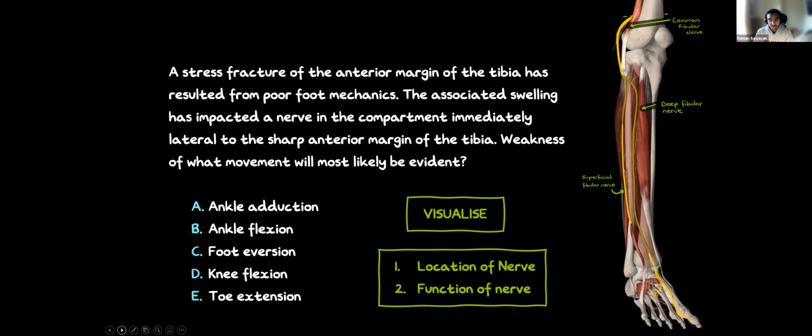Toe extension, probably not. Actually, toe extension. Which way does toe extension go? It goes down, I believe. Anyway, it's not going to be ankle adduction. Ankle flexion, nope. So I'm thinking foot eversion or potentially toe extension.